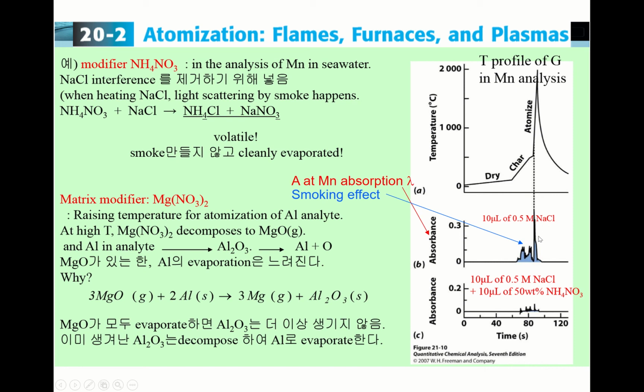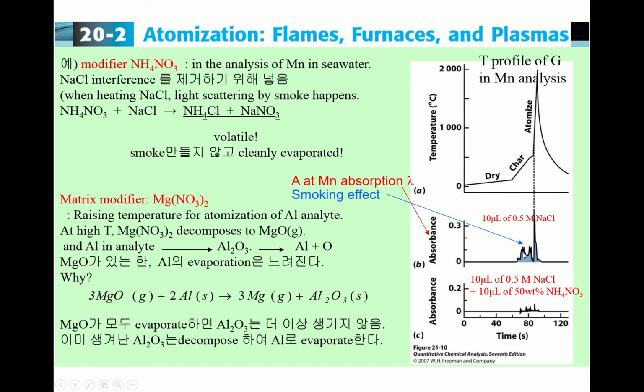In this region, the temperature is between several hundred and about 500, and you see this signal. Here you measure absorbance at the manganese absorption wavelength.